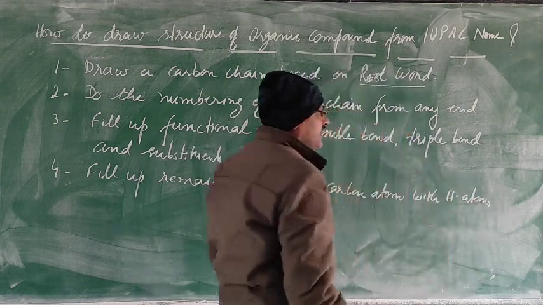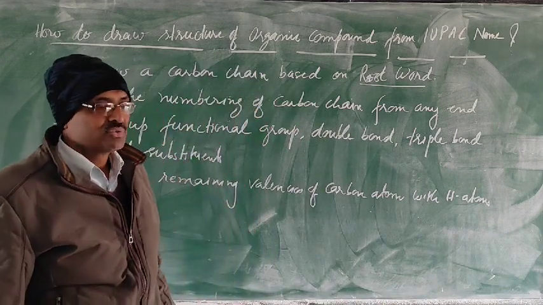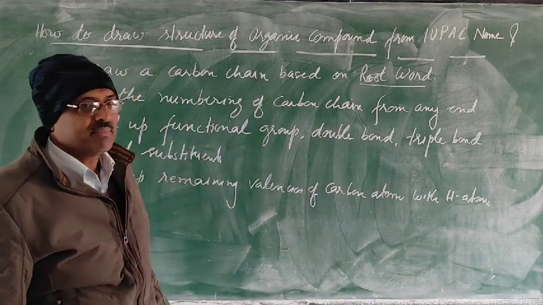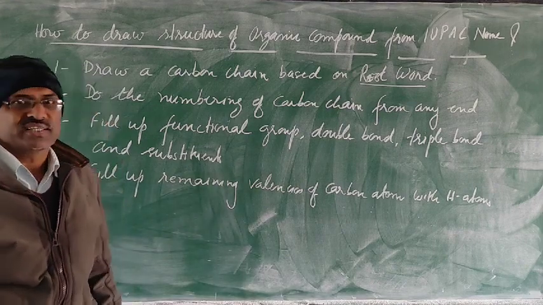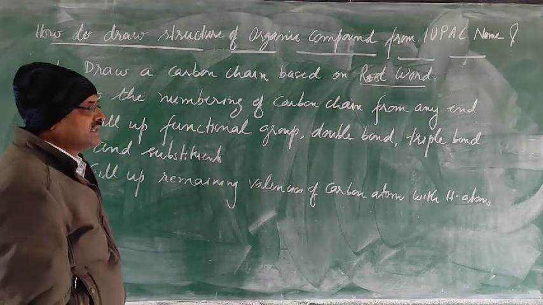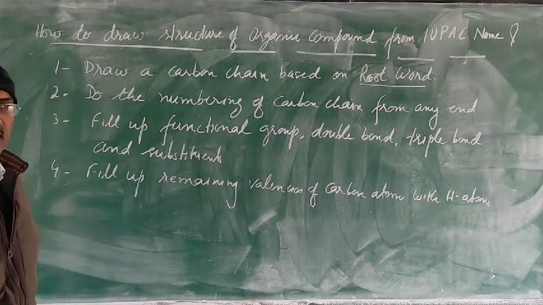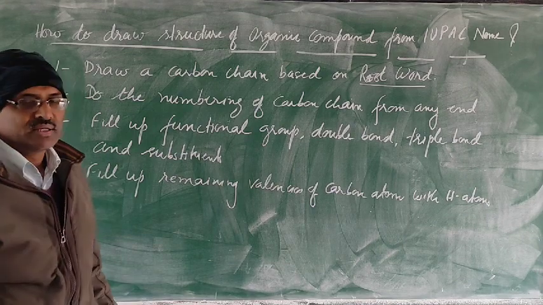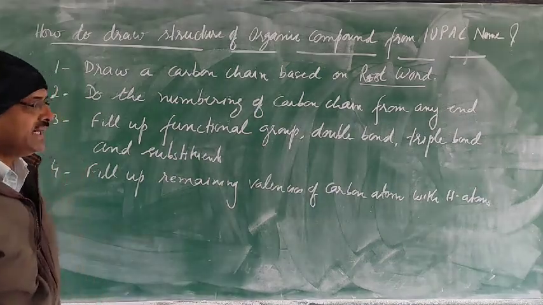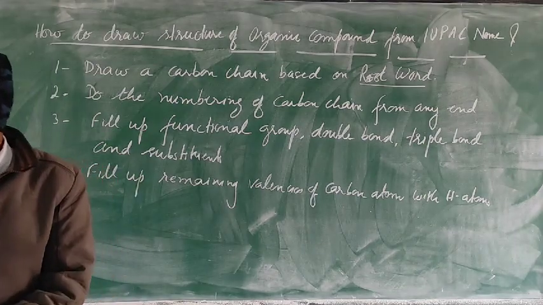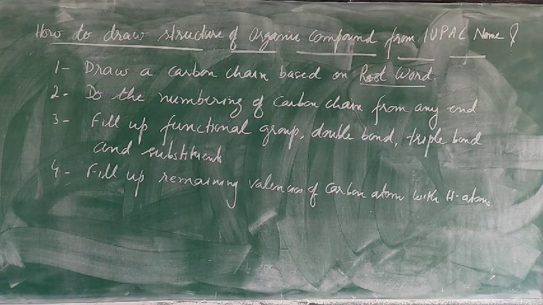As you know, carbon valency 4 is there. So in some cases the carbon valency 4 may not be fully satisfied. In that case, just see how many valencies are less. So the remaining valencies you have to fill up with hydrogen atoms. So these 4 rules are there. You can note them in your copy.